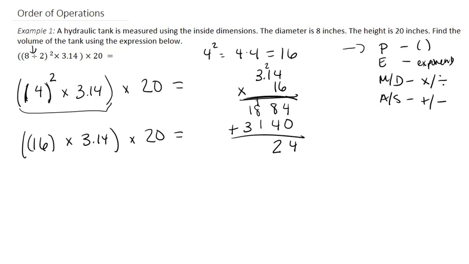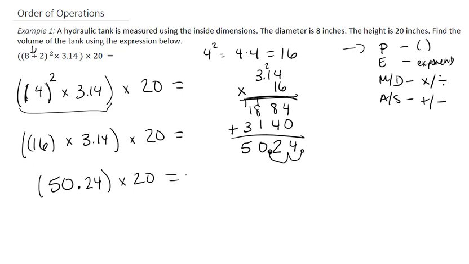Carry the 1, because we put the 2 below. 1 plus 8 plus 1 is 10. Carry the 1. 1 plus 1 plus 3 is 5. Then we have 2 decimal places, so we move it over 2. So the answer inside this parentheses is just 50.24.